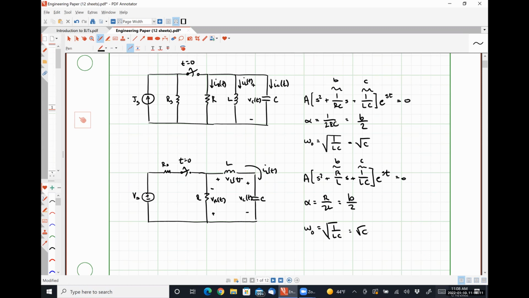So what we're going to spend the next bit talking about is how to get our differential equation. And unfortunately, it's going to be different for every single circuit that we deal with.